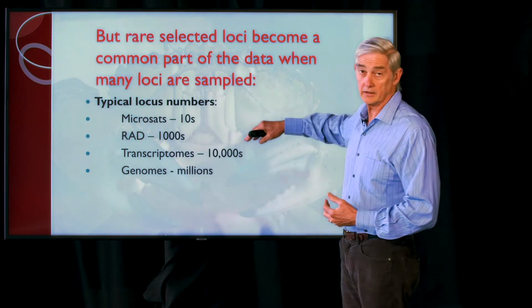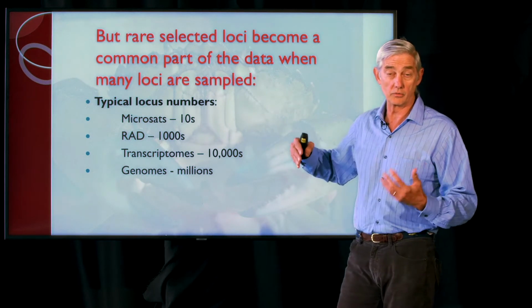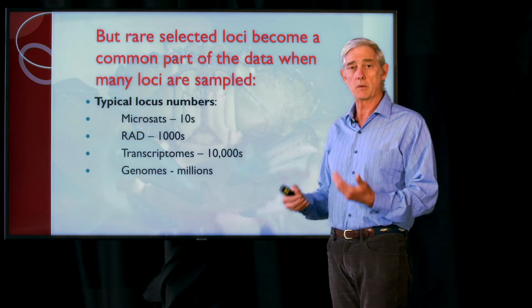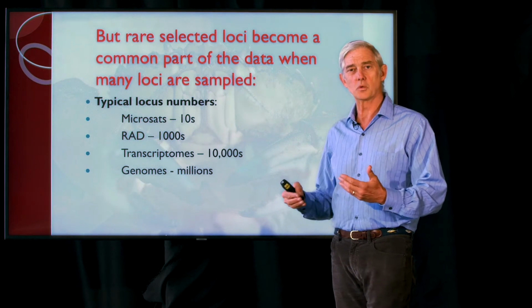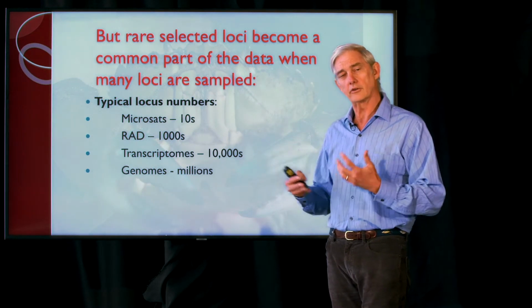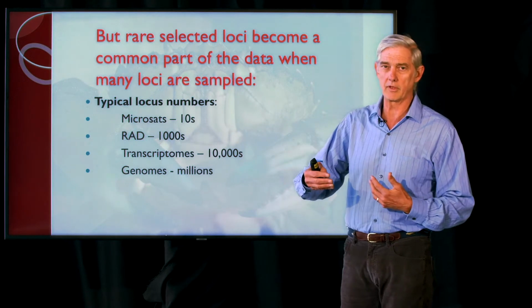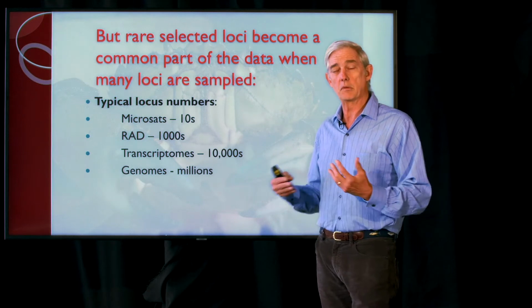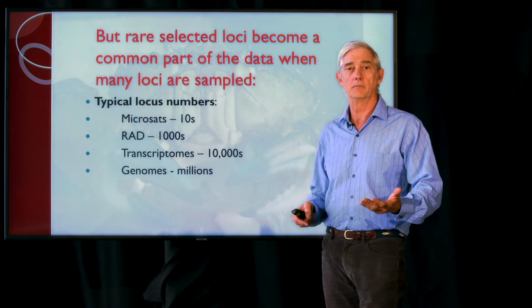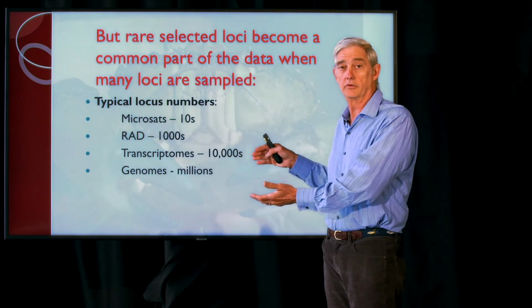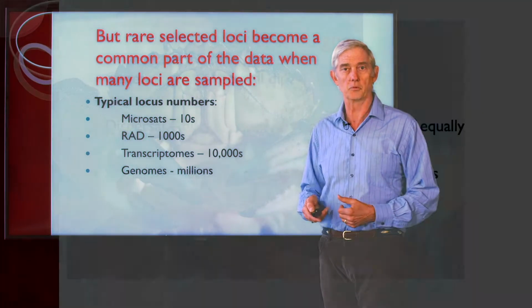So as the power of genetics has grown, and the number of different genetic loci that people can look at has grown, eventually you get to the point where you have so many loci that it's pretty likely that selection will be acting on some of them. And by looking across large sets of loci, it's been possible to find the signature of selection in many more places than we had been able to before.